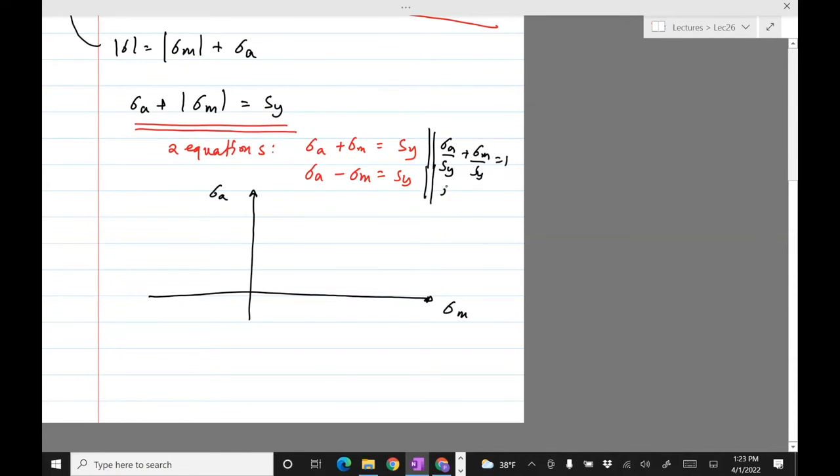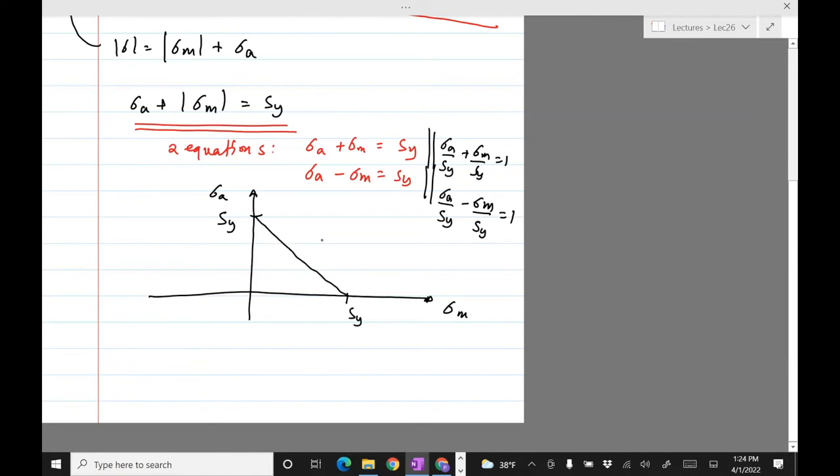And the same for the other one, sigma A divided by Sy minus sigma M divided by Sy equals 1. And then I've told you that if you have an equation of that form where something plus something equals 1, then the intercepts on the x and y axis are Sy and Sy in this case. So all I need to do is mark Sy, and then just join it. So the slope is 1.